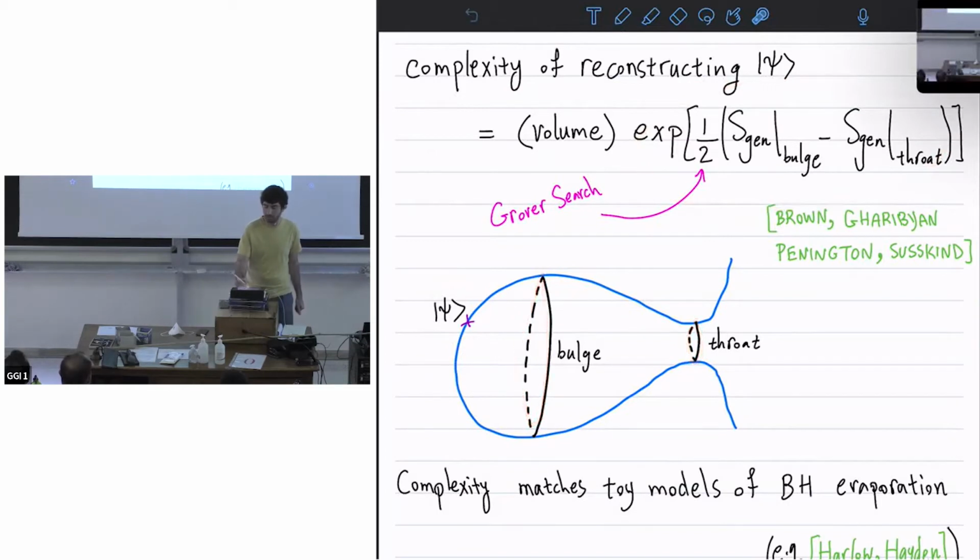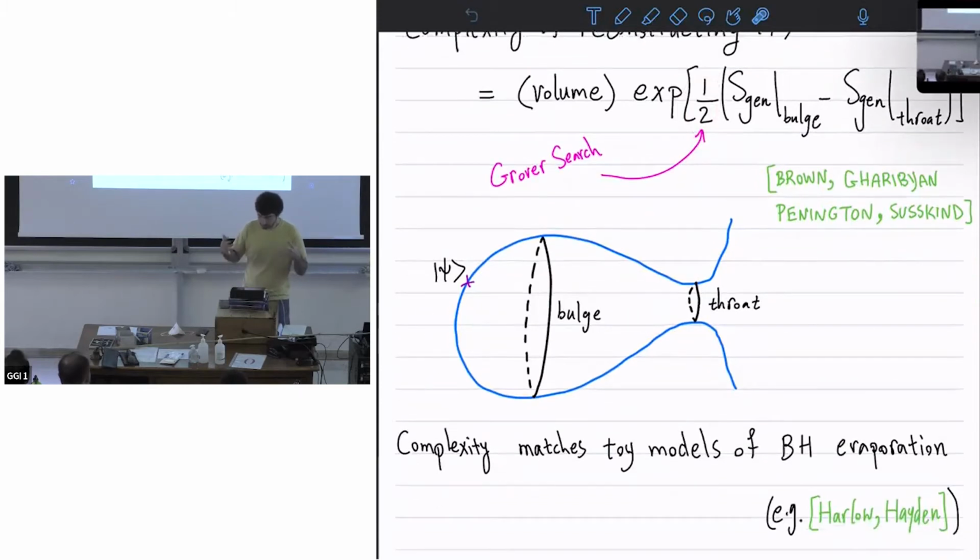And they also argue that you can reduce the complexity by a factor of 1/2 in the exponent if you employ a version of Grover search algorithm. So that it's better than the stupid trial and error measurement.